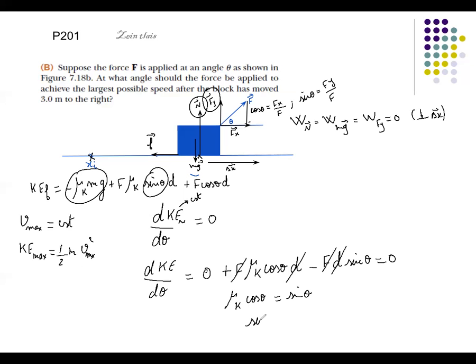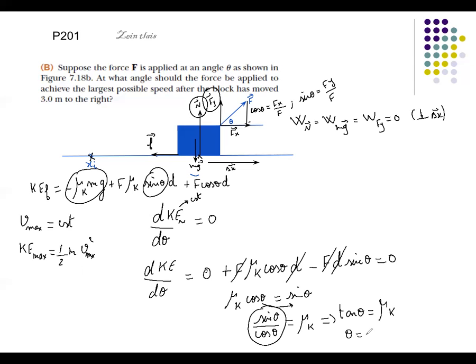So we can say here sine theta over cosine theta equals mu kinetic. Sine theta over cosine theta equals tangent theta. So tangent theta equals mu kinetic.